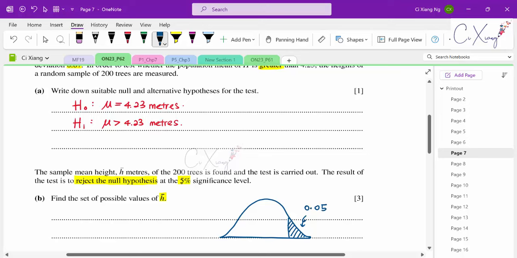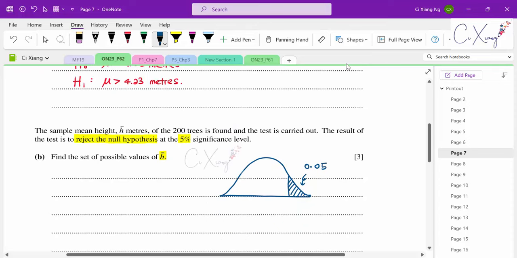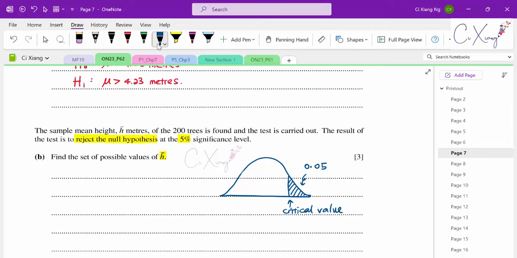Okay, so now if I already know that this is 0.05, I want to know this value of Z, and we call this the critical value. How to find the critical value? You can get it from the normal distribution table.